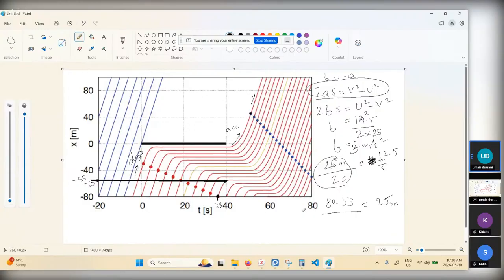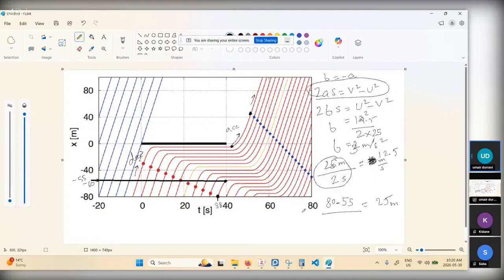So that was the distance that we obtained for the deceleration. For acceleration, we can again use any of these trajectories. So this is the point where acceleration has stopped. This is the point where acceleration has started, because remember, this is where vehicle was completely stopped. Then it started to speed up. And then at this point, which they conveniently labeled for us in the book, we know that acceleration has stopped. And now after this acceleration is going to be zero and vehicle is going to maintain its speed.